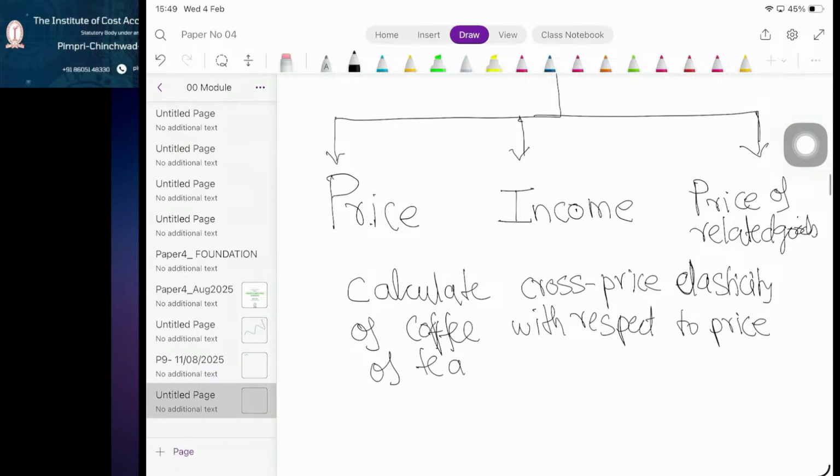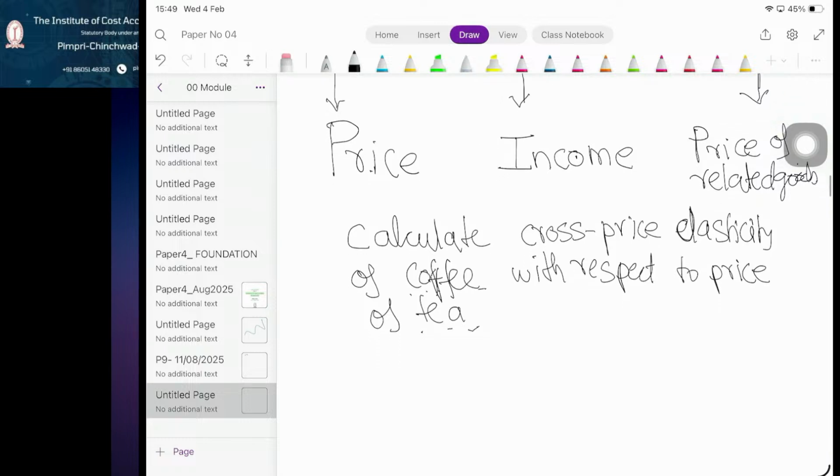Okay, so all of you know coffee and tea are related commodities. Suppose we are trying to calculate the cross price elasticity of coffee with respect to price of tea. So I am writing here price of tea and price of coffee. Suppose price of tea is 10 rupees and quantity of coffee consumed is, let us say, 80.